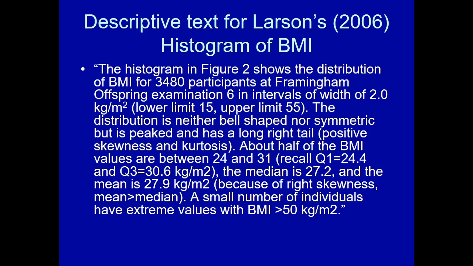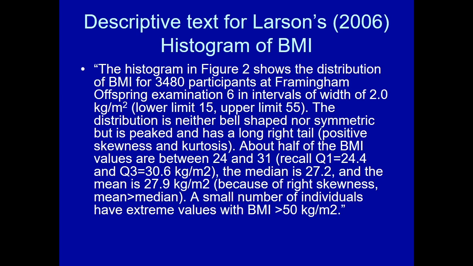Now this is a write-up of what that BMI histogram that we just looked at is actually showing. This is a direct quote from the article so that you can see the professional language that's used to describe graphs.